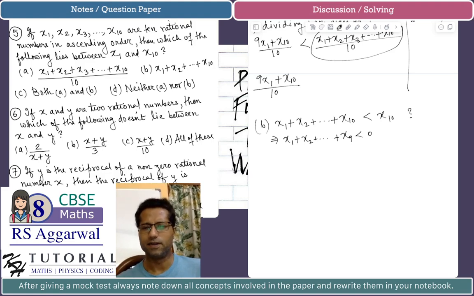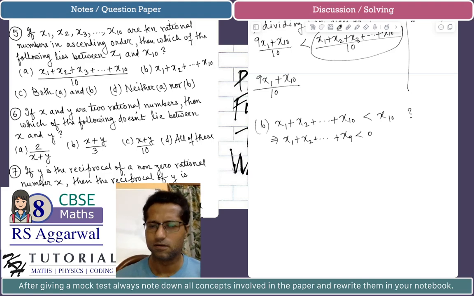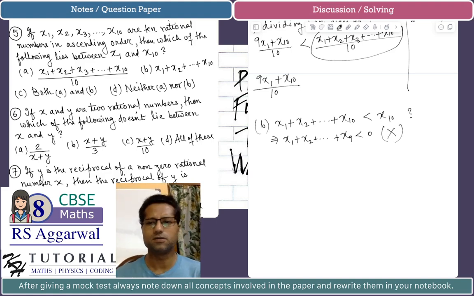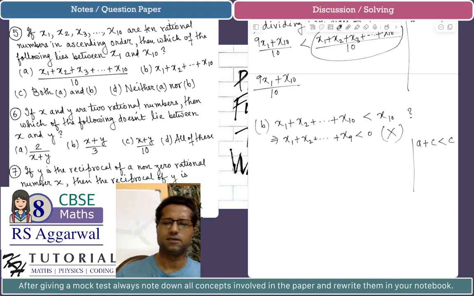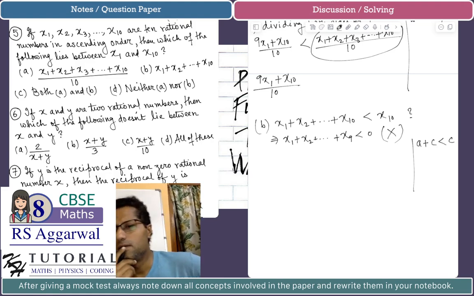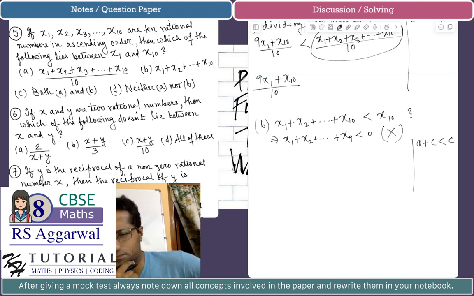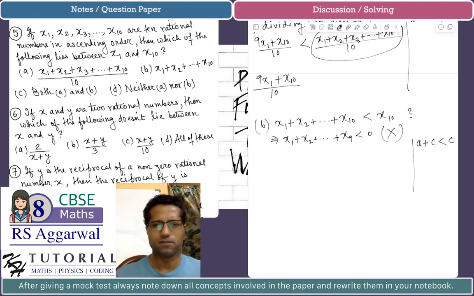Assuming that, this cannot be true, because you cannot have A plus C less than C unless A is a negative number. So anyway, B is not possible.